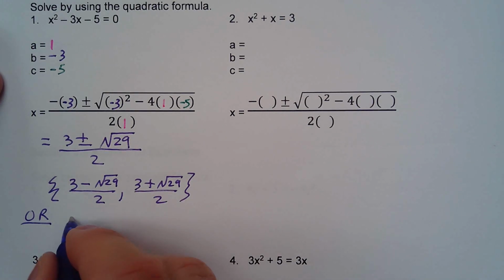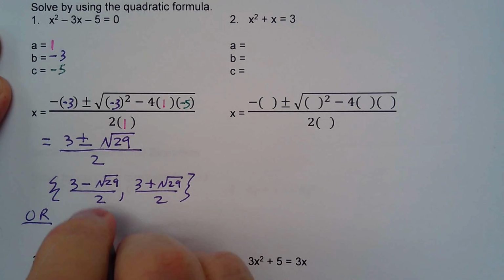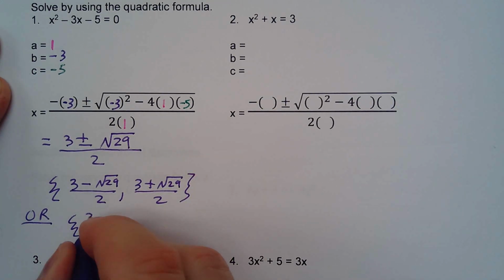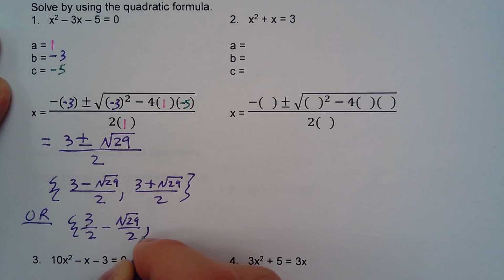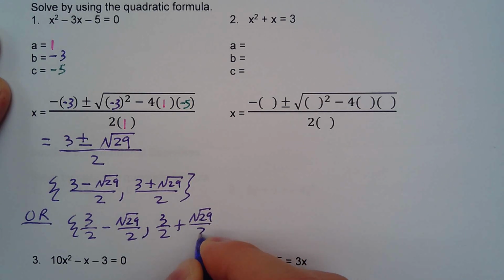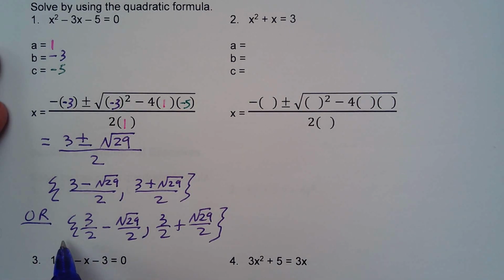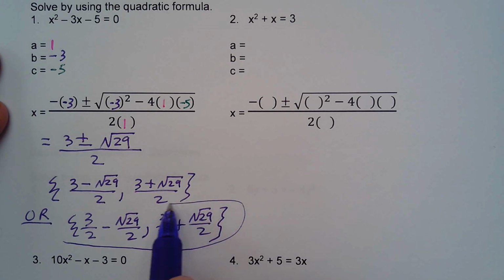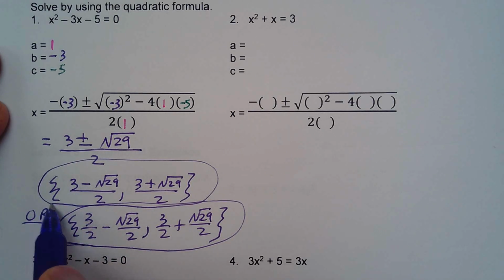So they might rewrite this as 3 over 2 minus square root of 29 over 2, and 3 over 2 plus square root of 29 over 2. Either answer is fine. You just want to pay attention to what they're asking for in ALEX to see which form they want.